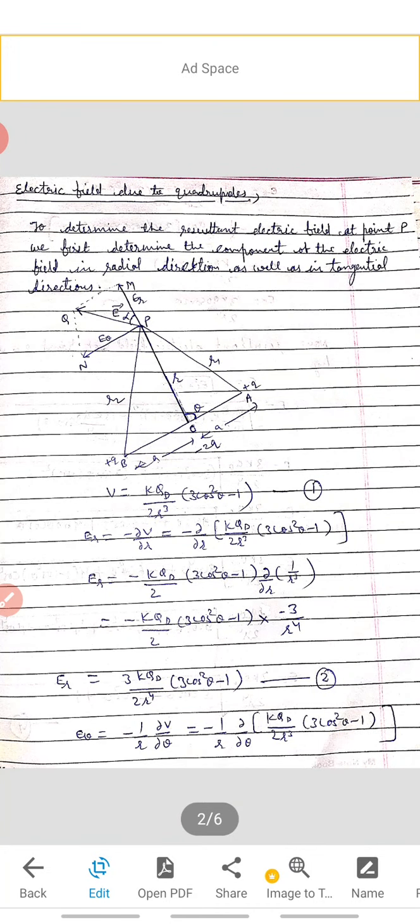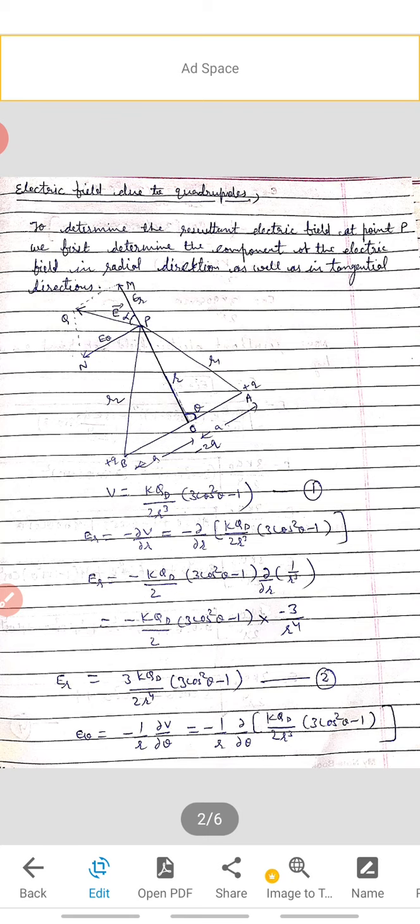Point P is at a distance small r1 from point A, at a distance r2 from point B, and at a distance r from the center O.